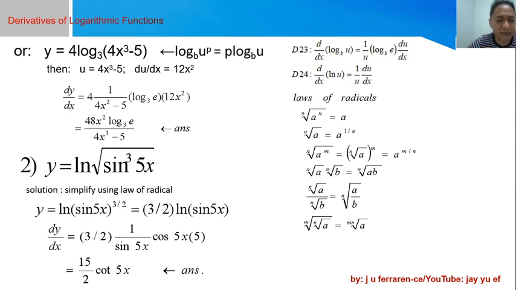So 3 halves, 1 over u, our u is the sine 5x. So 1 over sine of 5x, then the derivative of sine of 5x is cosine 5x times 5. So multiplying the constant, we have 15 over 2, and cosine over sine, we also know that it can be expressed in terms of cotangent under the quotient identity.